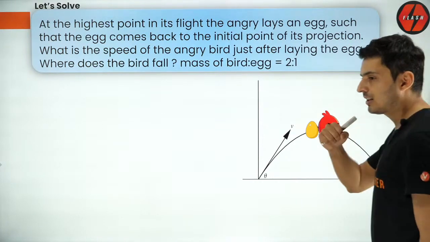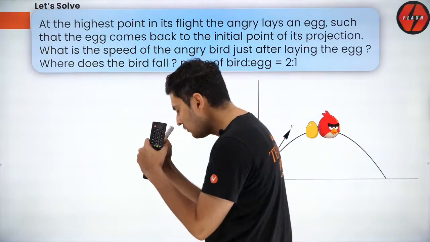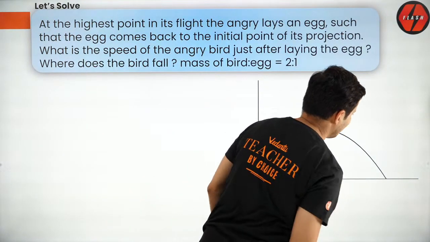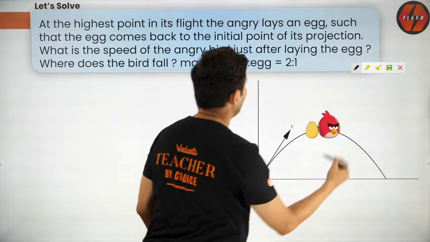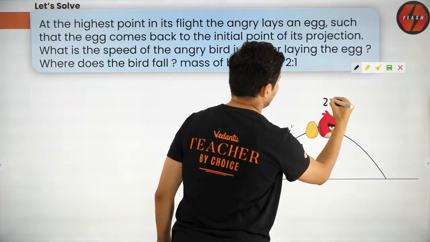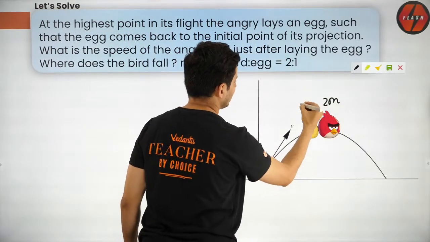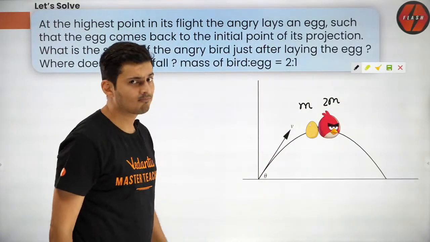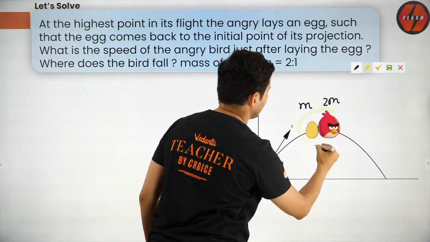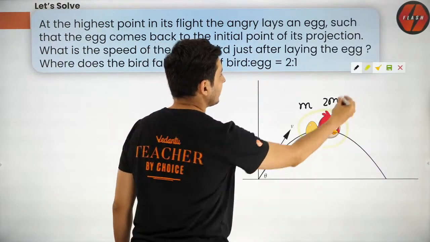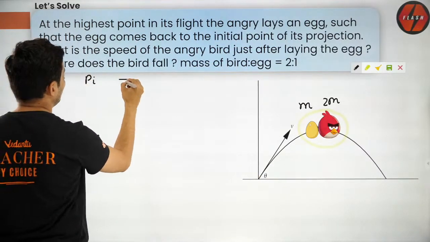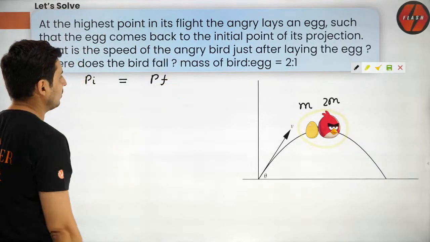Alright. Come on, let's see how we do this problem. First concept here. First, let's assume the masses. The masses are in the ratio of 2:1. So if the bird's mass is 2m, the egg's mass is just m, correct? And if I take them as a system, then at the topmost point, think about the initial momentum and also think about the final momentum.